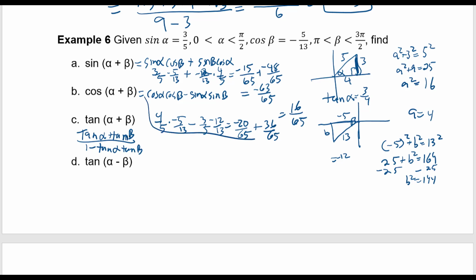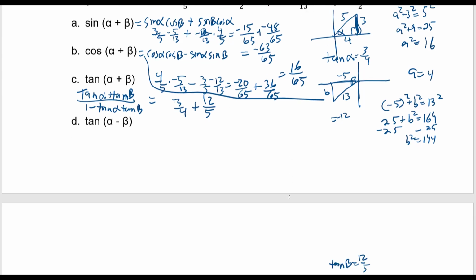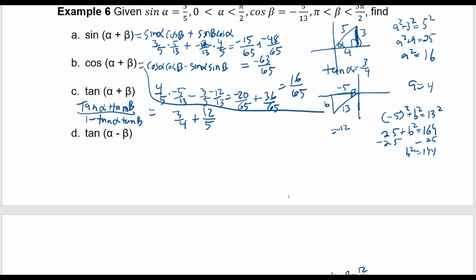So we have tangent alpha is 3/4, so 3/4 plus 12 over 5. That's what I had here, right? Did I lose that when I was messing around? Yes, I did. 12/5, okay. And then over 1 minus 3/4 times 12/5.